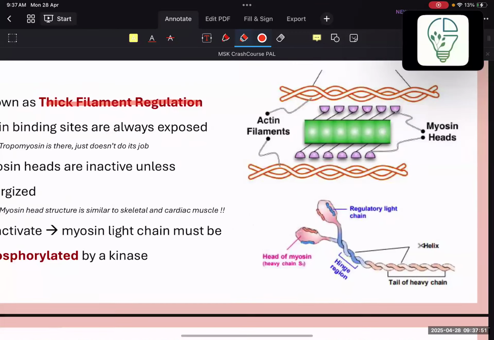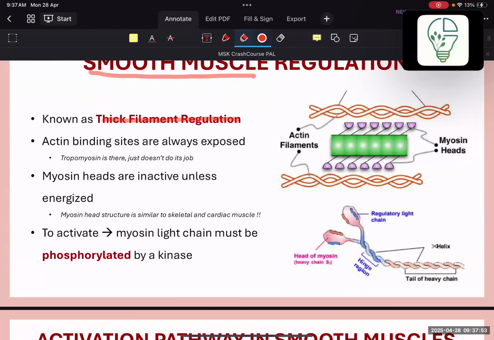There is another molecule in smooth muscles called the myosin light chain kinase that needs to phosphorylate the myosin light chain for it to activate the myosin in smooth muscles. So I'm going to say that again. Myosin itself is the same structure between skeletal and smooth muscles. However, in smooth muscles, we have another molecule called myosin light chain kinase.